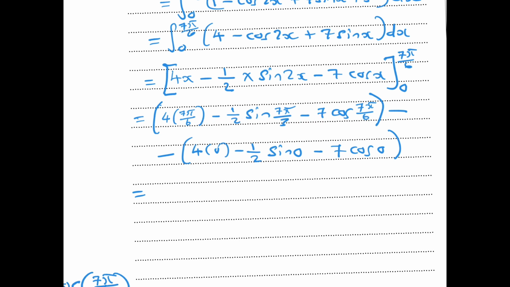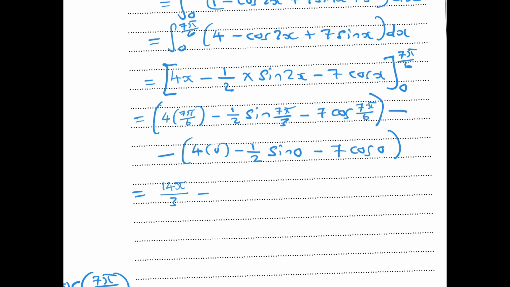Okay, now simplifying the first bracket, what are you going to get if we simplify this part here? That will give us 14 pi over 3, okay? That's what we are going to have here. Minus this part here, half of sine of 7 pi over 3. We try to use our calculator.